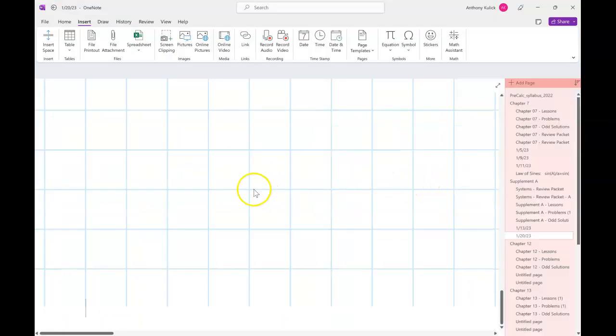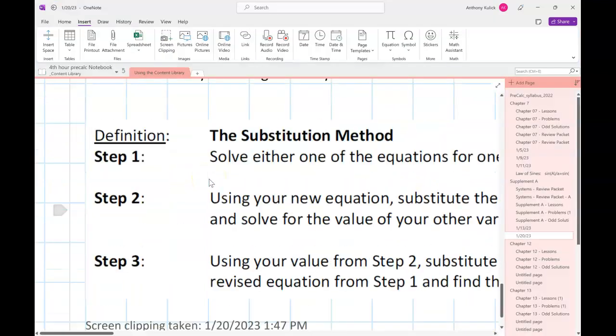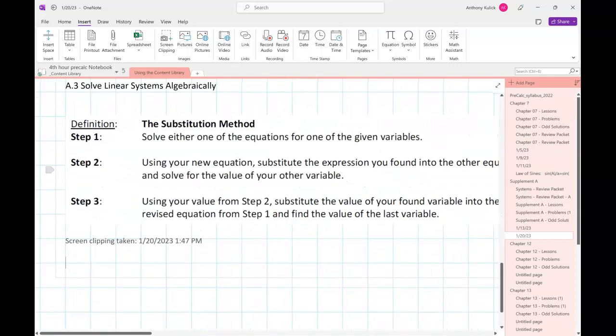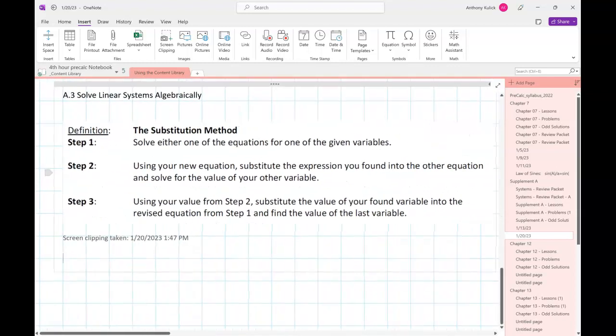There are 2 algebraic methods that we're going to talk about here. The first is called substitution. The way substitution works is you pick one of the two equations. It doesn't matter which one. Then you pick a variable. It doesn't matter which one.